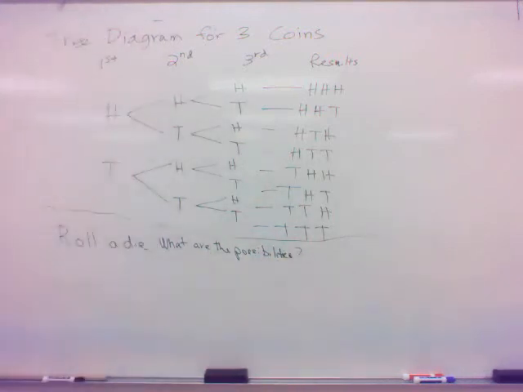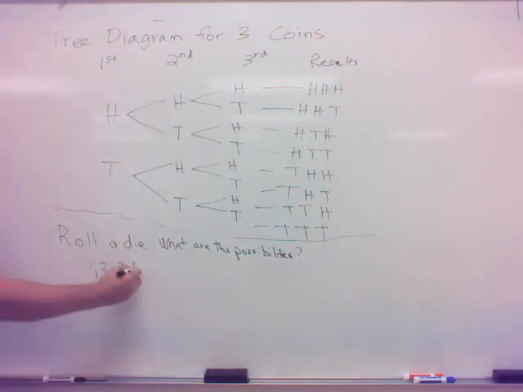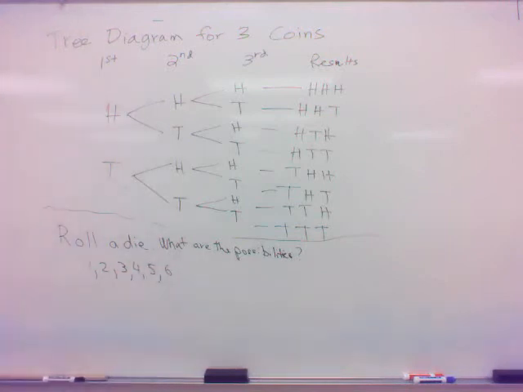Well, die meaning singular of dice, okay? If you're talking about the die being the number cubes, what are the possibilities there? Usually it's 6 sides, 1 through 6, right? Each one has a different number of dots on it. So anyway, you may or may not know that word, but there's 6 possibilities when you roll a die.